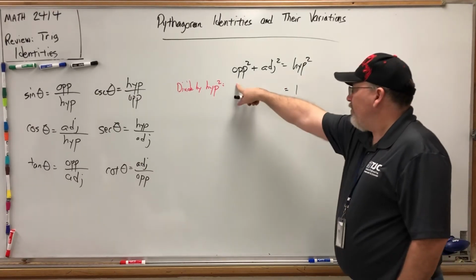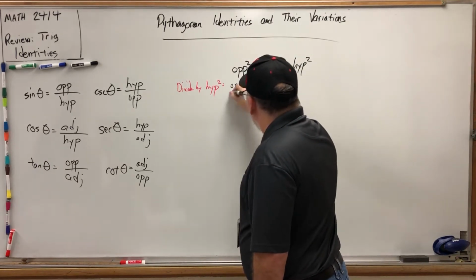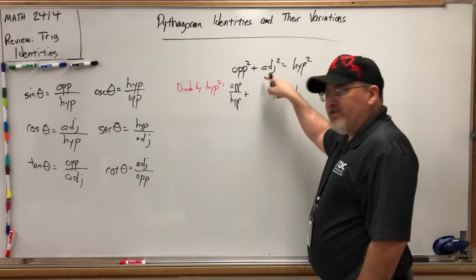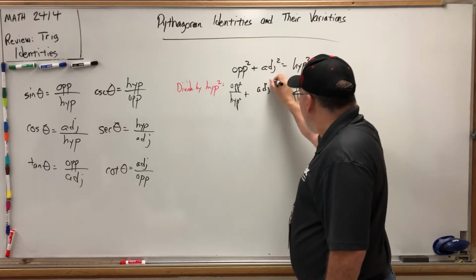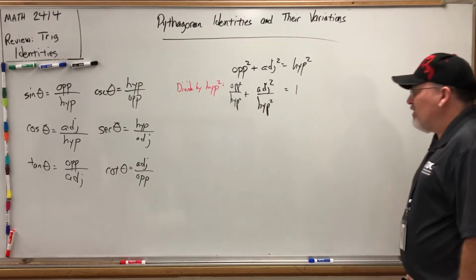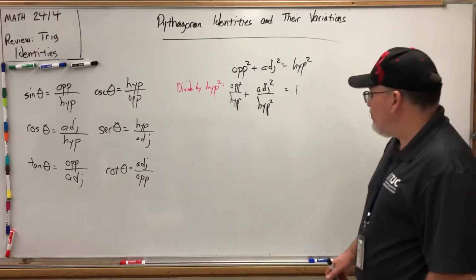Well, what do we get here? What we would get here is opposite squared over hypotenuse squared. And on the other side of the addition sign, we would get adjacent squared over hypotenuse squared, which almost look like the ratios for sine and cosine, except those ratios have no squares on them.